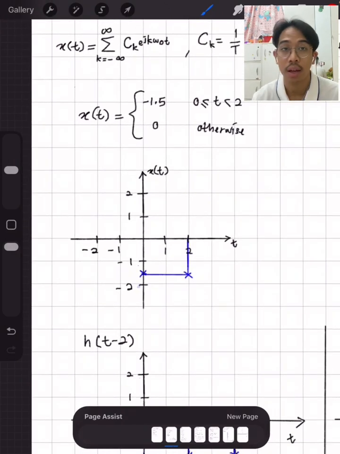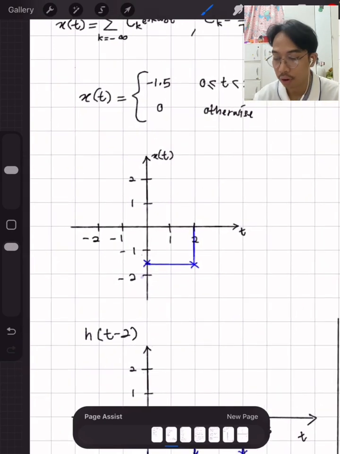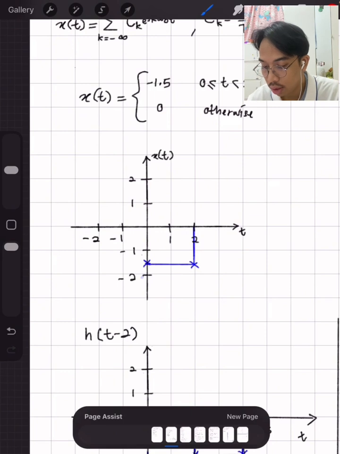From the case that I've introduced, we now draw the graph of x(t) first, with x(t) equal to negative 1.5 at t equals 0 and at t equals 2. So we get this shape of graph.